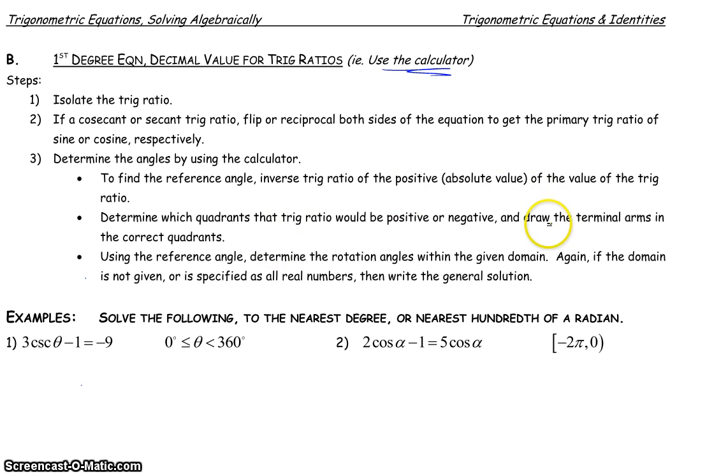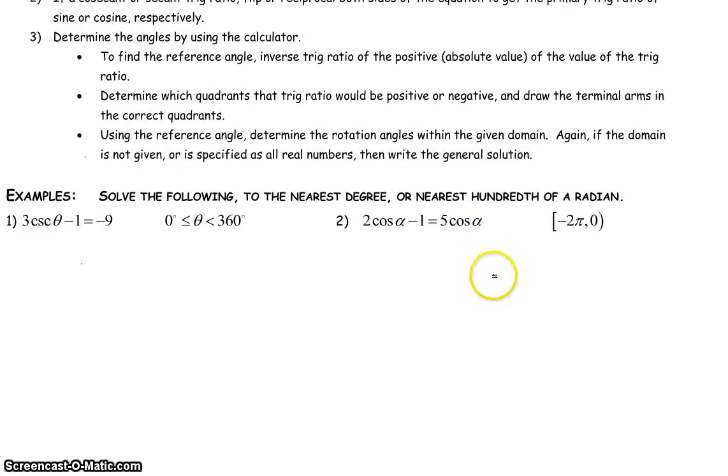Draw those terminal arms in the correct quadrants with the proper reference angle. Then using that reference angle, determine what the rotation angles would be given the domain. And again, if the domain is not given or it's specified as all real numbers, you write it as a general solution. Okay, so let's put this to work on these examples.